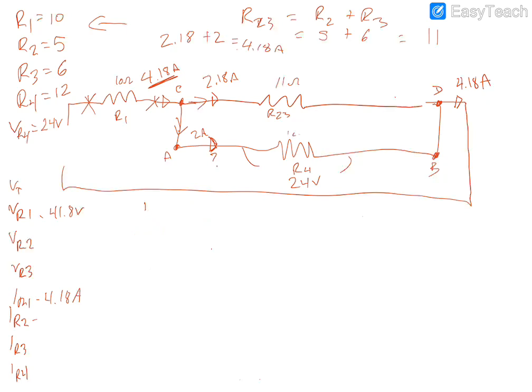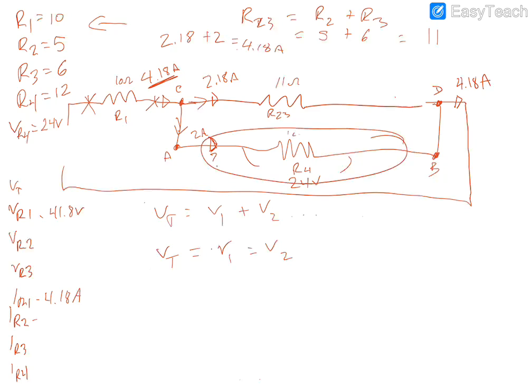We know that in a series circuit, voltage total is equal to the voltage of one load plus the voltage of subsequent loads. But in a parallel circuit, the voltage total is equal to the voltage of 1, which is equal to the voltage of 2, or each one of those lines. We see here that we've got 24 volts on this line.